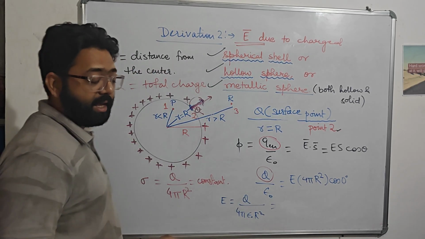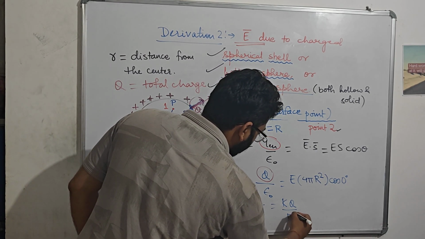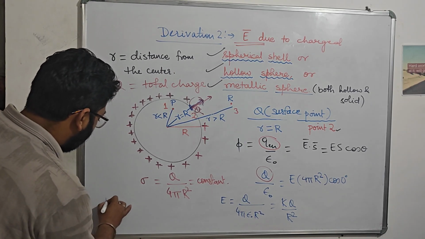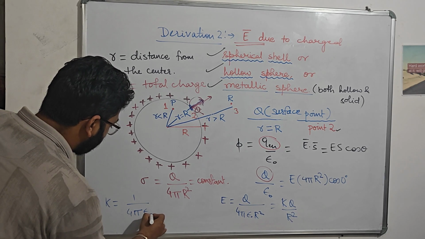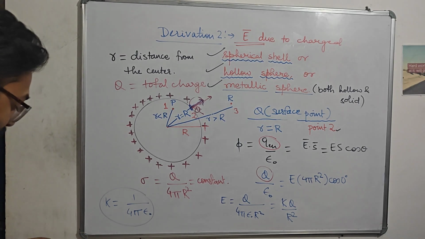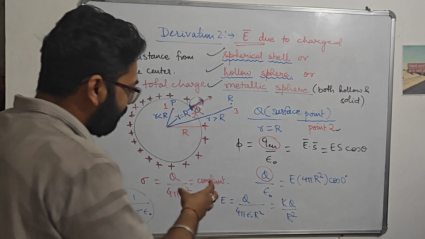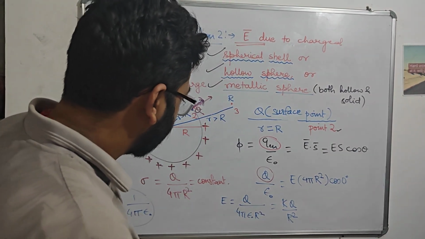This can also be said as KQ by R square, because K can be written as 1 upon 4 pi epsilon naught. This is the expression of K. Okay, and this expression is converted to this form. So this is KQ by R square.